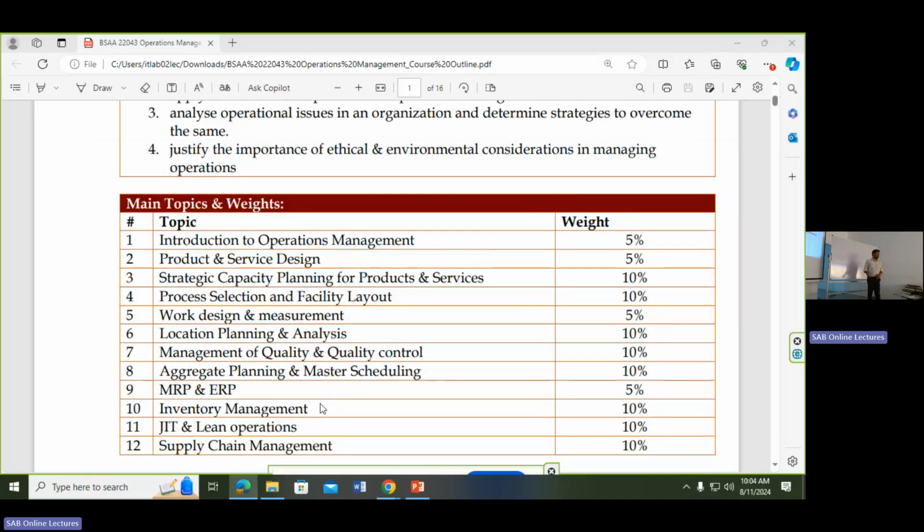There are many, but in your course outline, these are the key topics we have. That is also at basic level because this is a basic degree. After that, at your master's, you will learn things in detail. We try to get a simple idea.